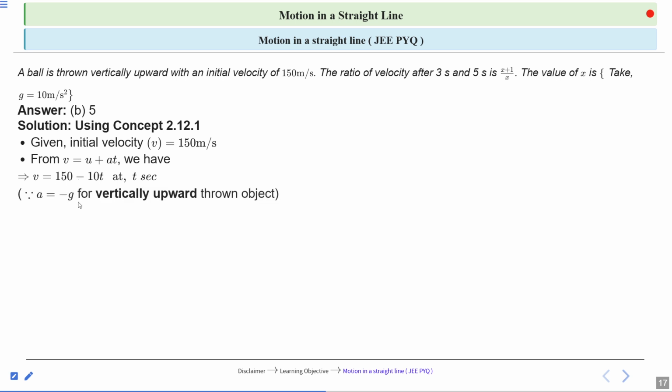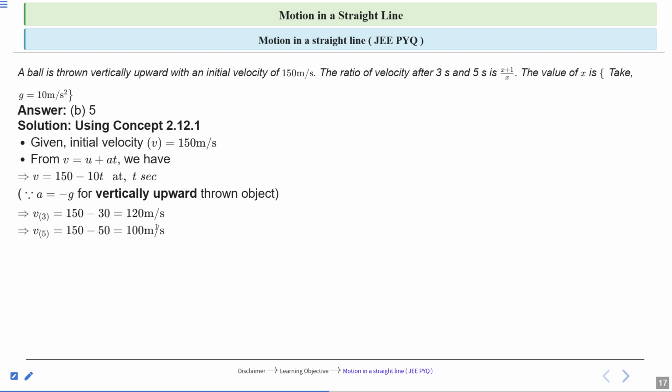A is equal to minus g for vertical upward thrown object, and when time t equal to 3 second, the velocity is equal to 150 minus 30 equal to 120 meter per second, and when time is equal to 5 second, the velocity is 150 minus 50 equal to 100 meter per second.